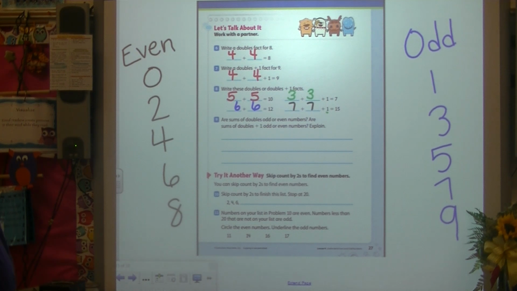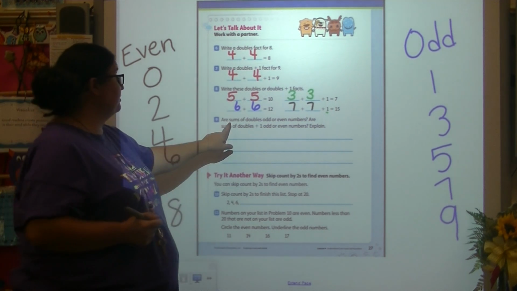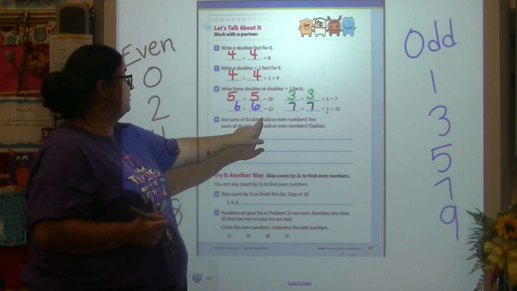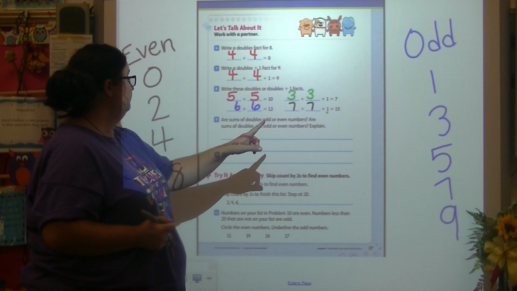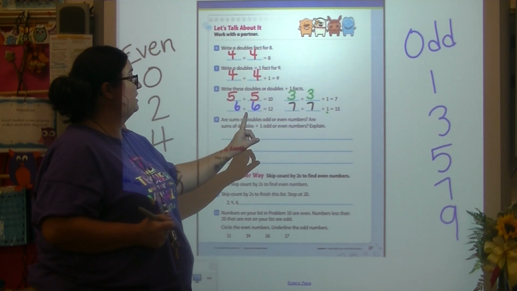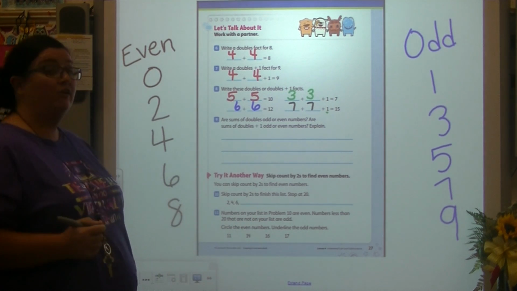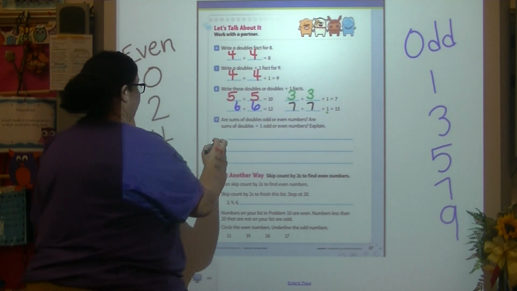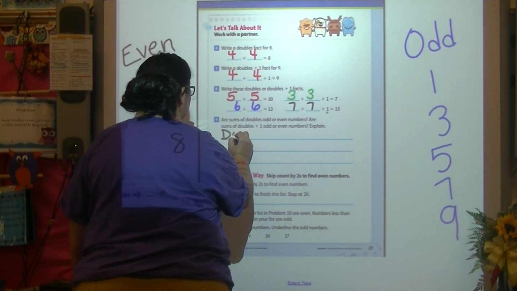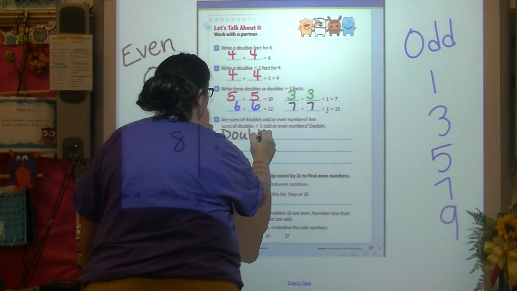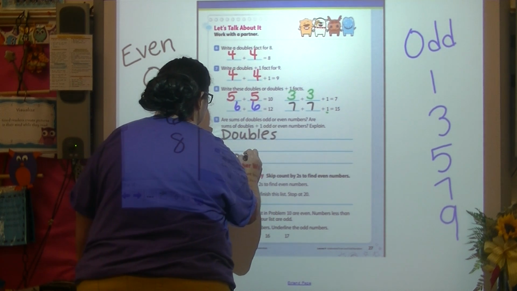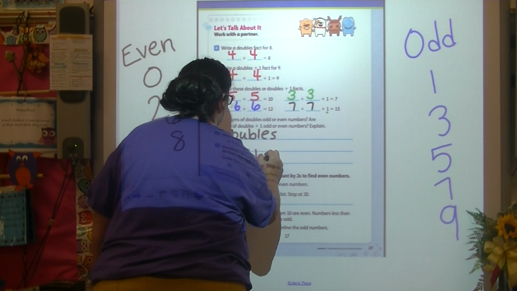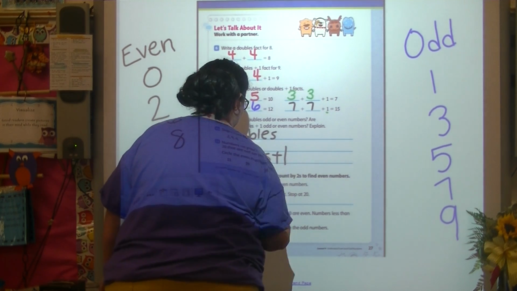So number 9 says, are the sums or answers of doubles odd or even? Are the sums of doubles plus 1 odd or even? So I'm going to write doubles plus 1.